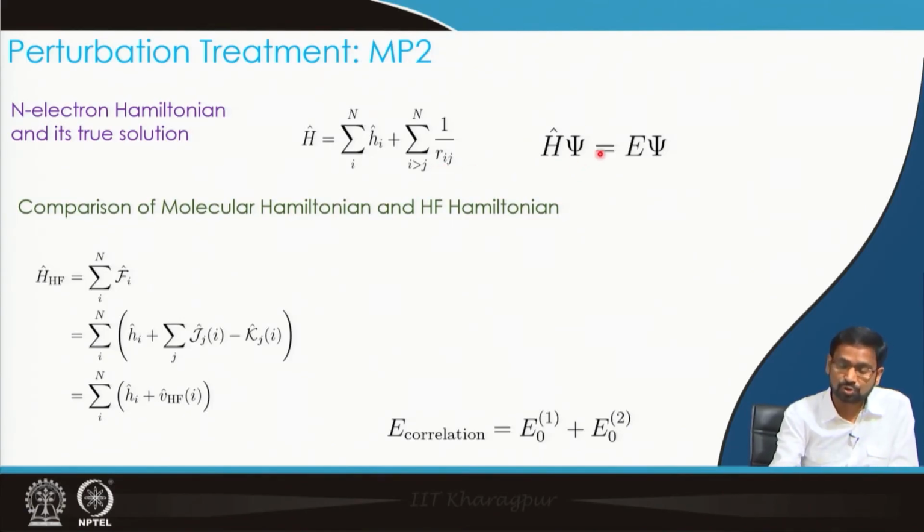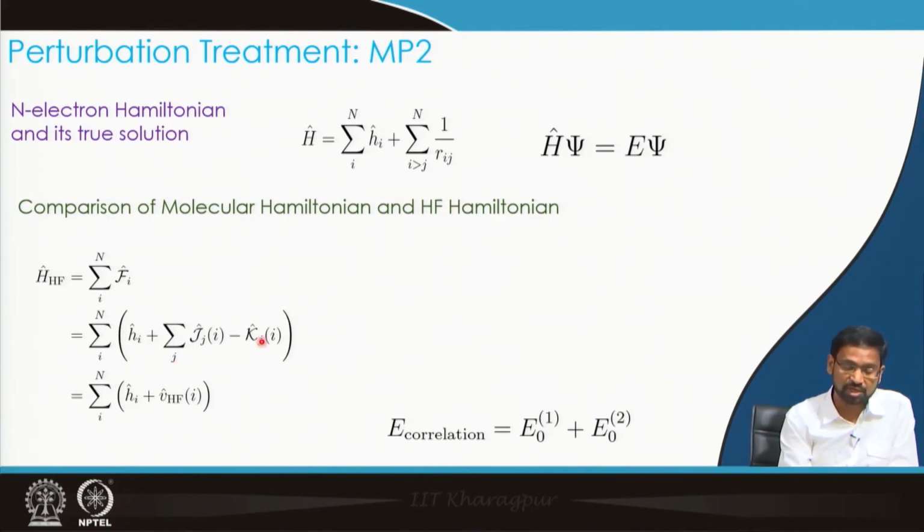And the true solution would have given us the wave function psi and the true energy E. But what we have done with Hartree-Fock is essentially a sum of several one electron Fock operators, F_i. Each Fock operator has a core Hamiltonian plus an effective one electron interaction, where the other electrons are described as some kind of charge cloud.